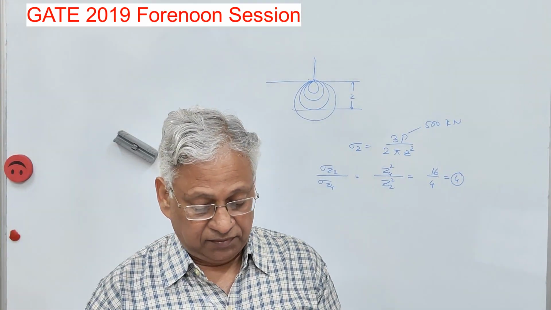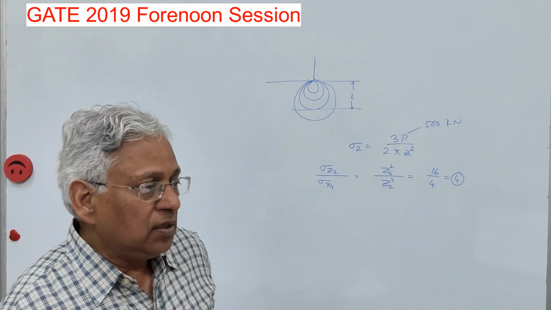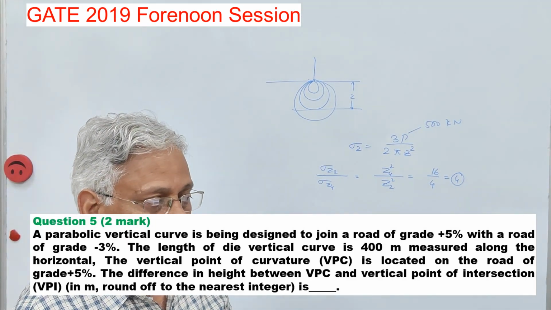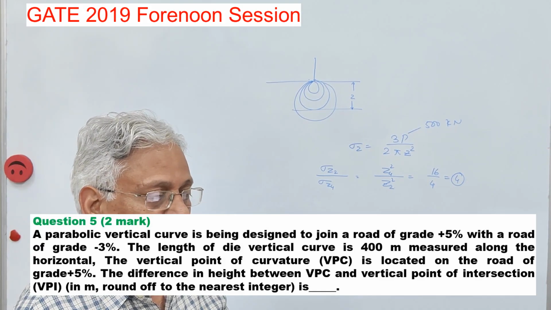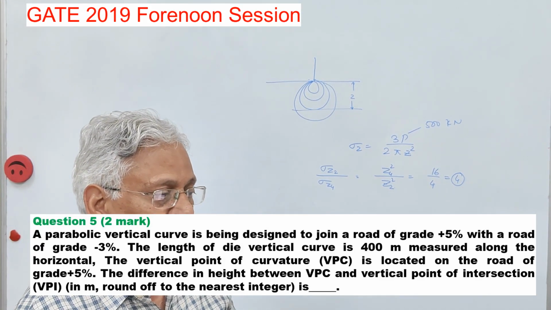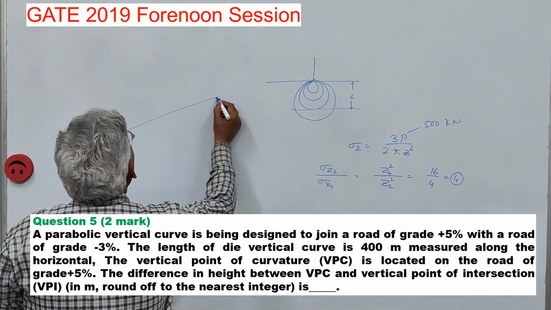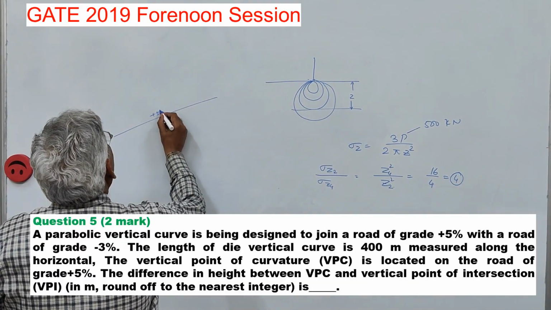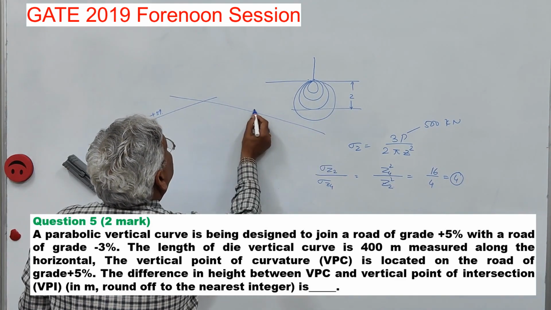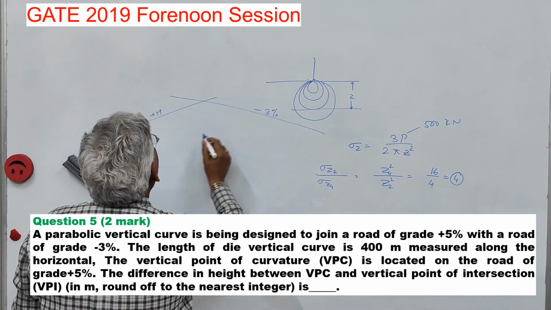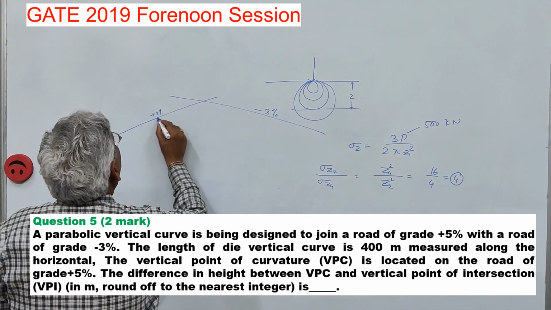Question number 5. A parabolic vertical curve is being designed to join a road of grade plus 5% with a road of grade minus 3%. Now, this is the gradient of plus 5% and that is the gradient of minus 3%, let us say. And this is the vertical curve here.